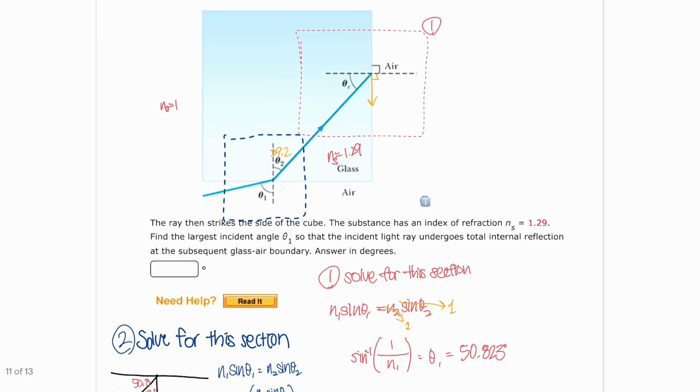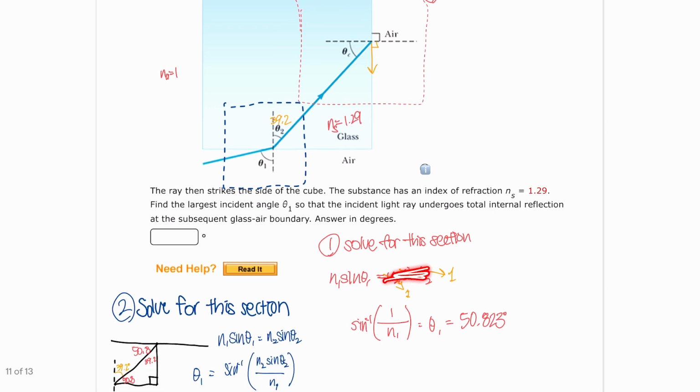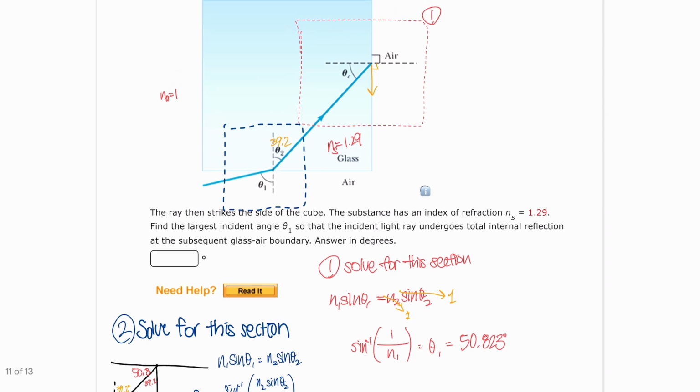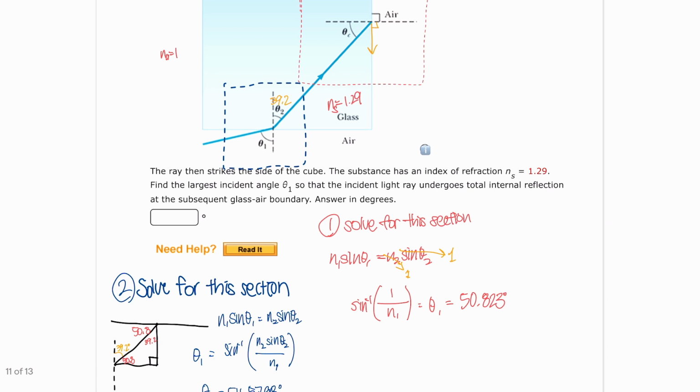We set up Snell's law, Snell's equation, and this whole section is just equal to 1 because it's air, and this is the 90-degree angle. It really simplifies the process because we already know N1 is this value, N of the glass, and we find the angle here. This angle corresponds to this angle, by the way.